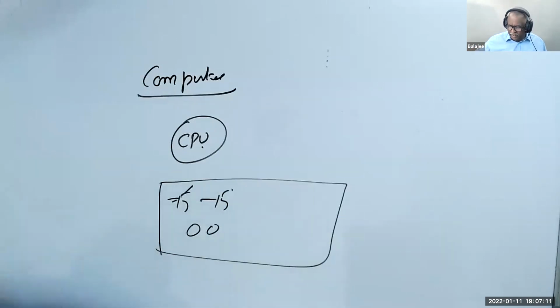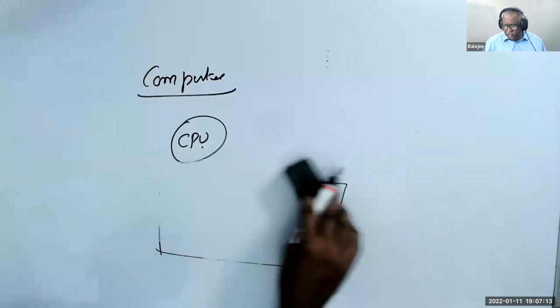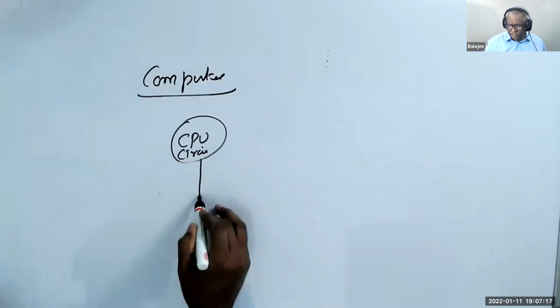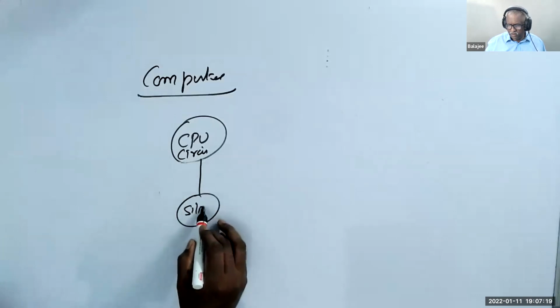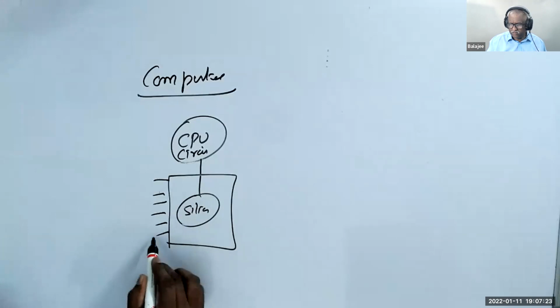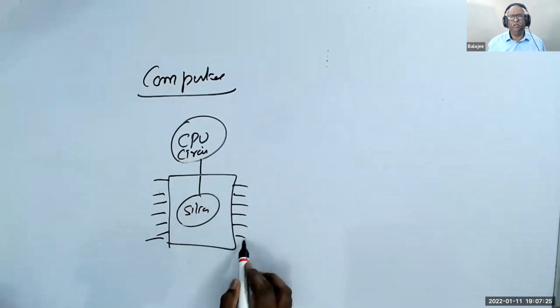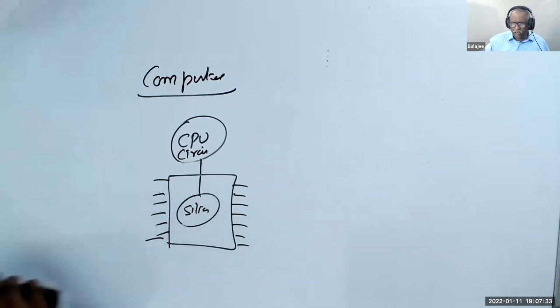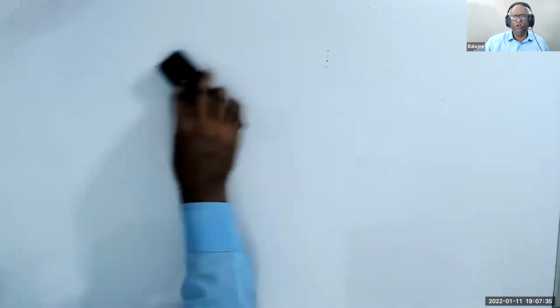But later, they put the entire CPU circuit inside the silicon and made it a single IC. So an integrated circuit is nothing but you put the circuit on silicon. That's it. There's no big explanation. Instead of doing it outside with wires, you do it inside the silicon.